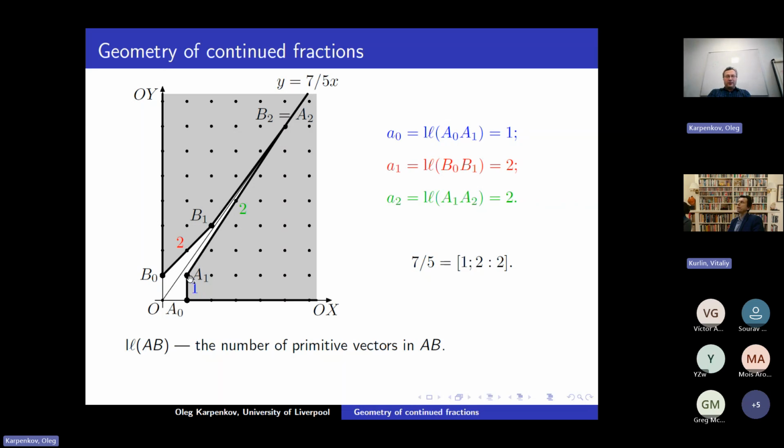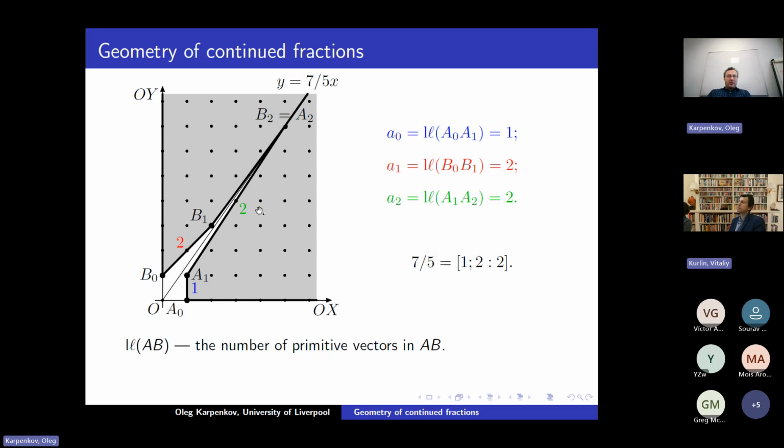Inside this segment there are no points, therefore its length is 1. Inside this segment, B0, B1, we have 1 point in the middle, so it splits into 2 elementary segments, and I would say that the length is 2. This segment A1, A2 is much longer, but it contains only 1 integer point inside, so I also call its length 2.